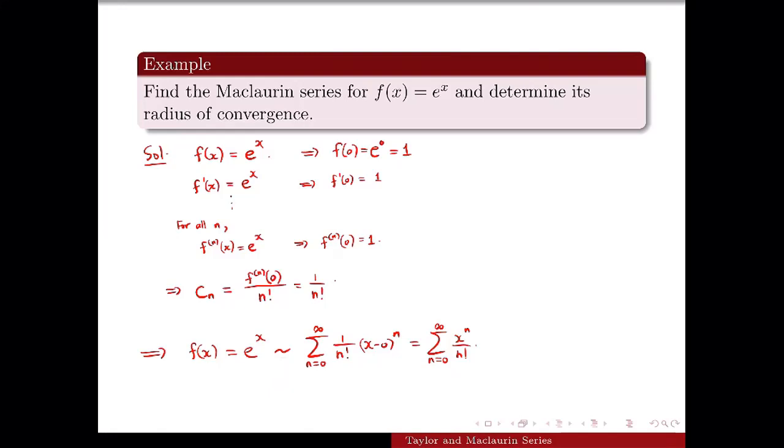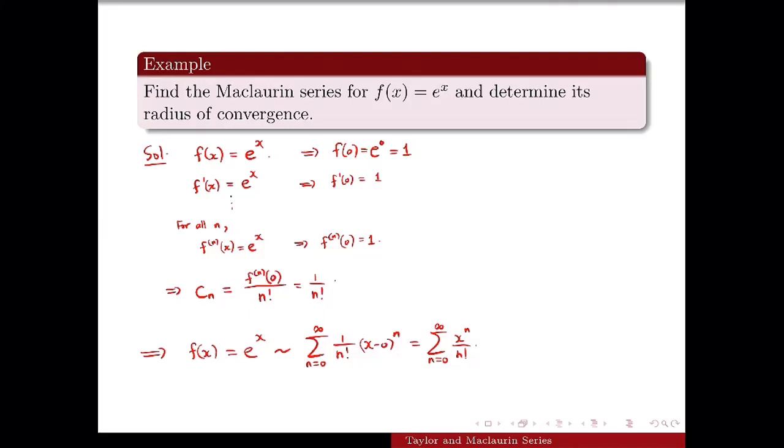Okay, remember, if you have a Taylor series or a Maclaurin series or any series, it will be equal to a function only on certain intervals, not necessarily all the time. Okay?